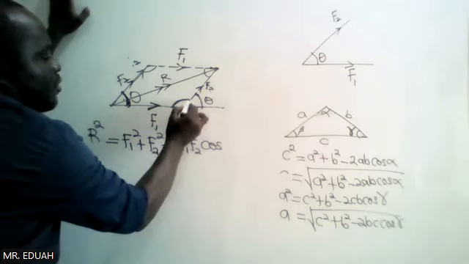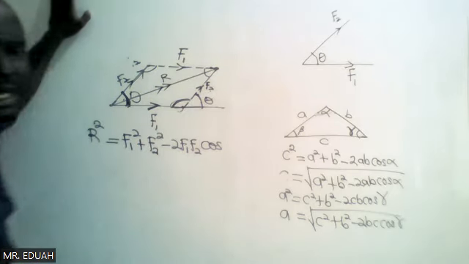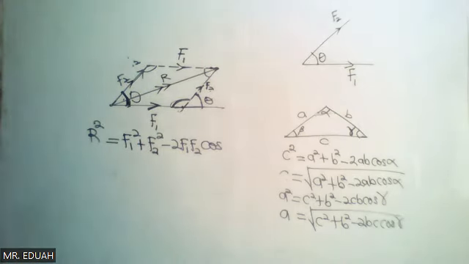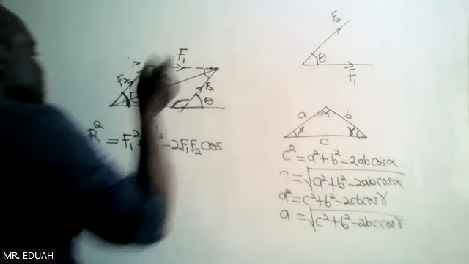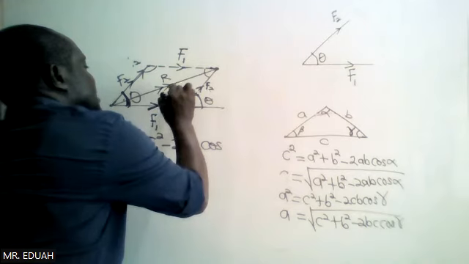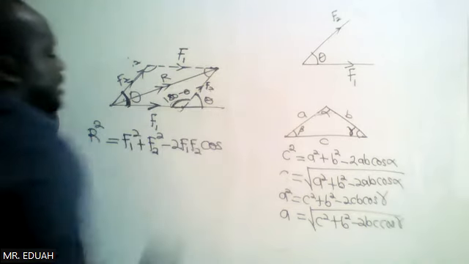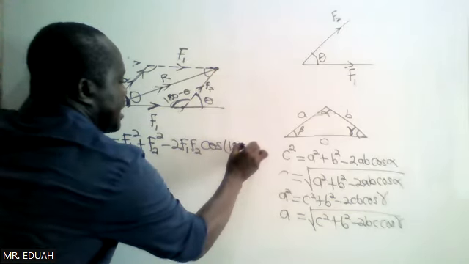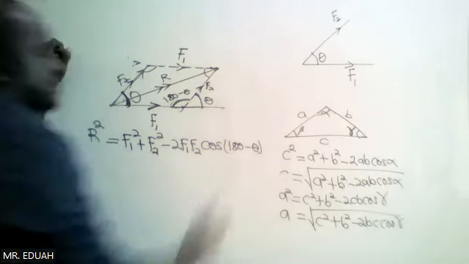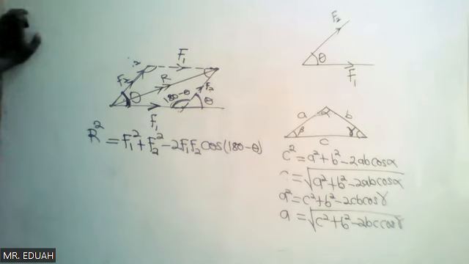So if this is theta, what then will be this angle? 180 minus theta. Good. So this will be 180 minus theta. Okay.